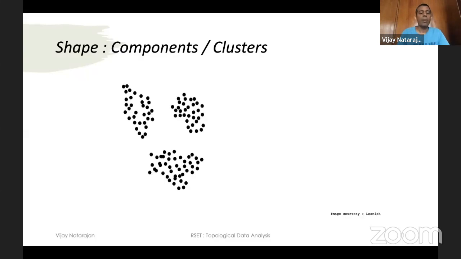So for example, if these are the points in the high dimensional space, you can quickly see that there are 3 different clusters, right? So you can say that there are 3 different collections or components in my data, right? And then we may want to drill down and understand what each component or each cluster represents, right?